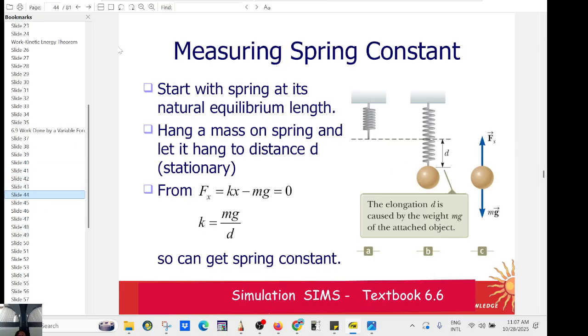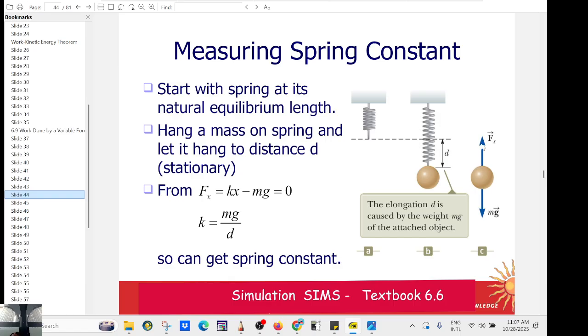Okay, so if you want to measure the spring constant, maybe you did that for the lab. You have a spring here, it's in static equilibrium, up equals down. So the weight mg, that you know, equals the restoring force. In that case, you are hanging a mass, so the applied force is the weight.